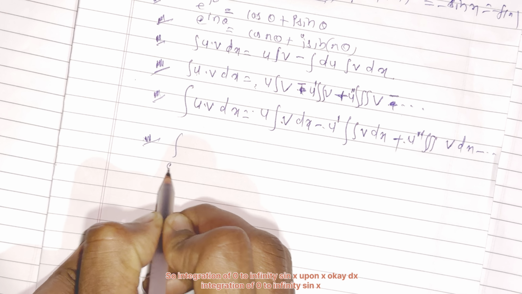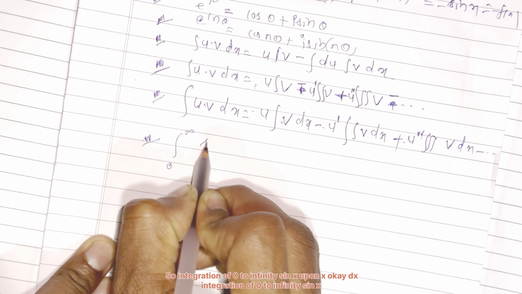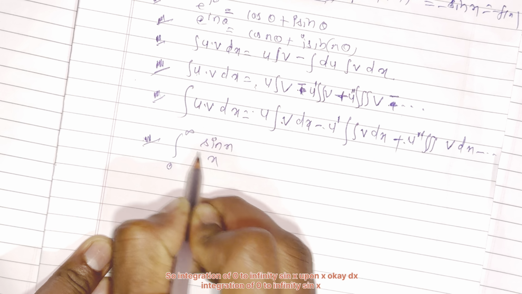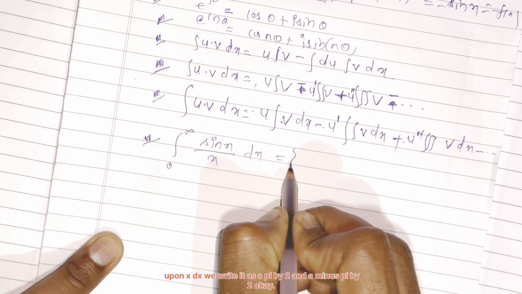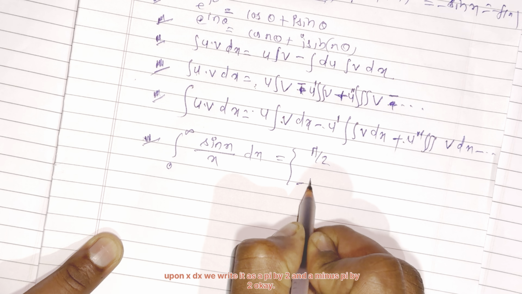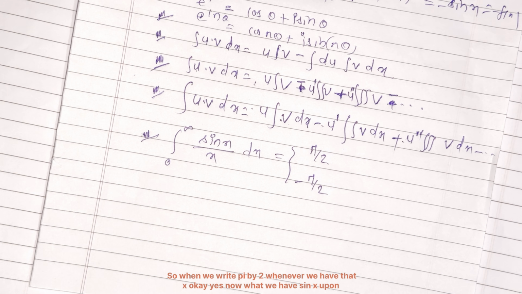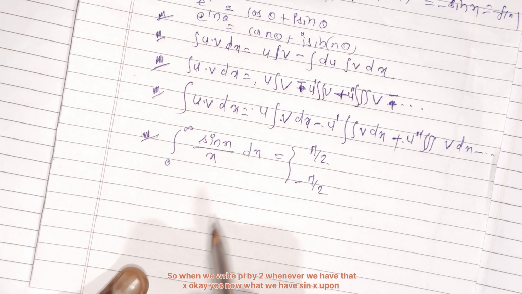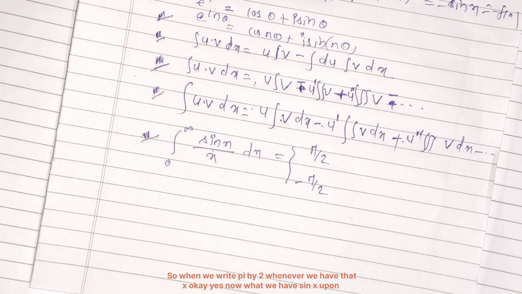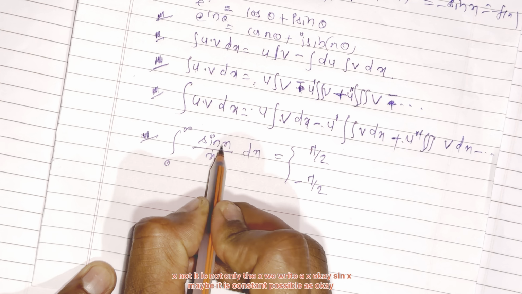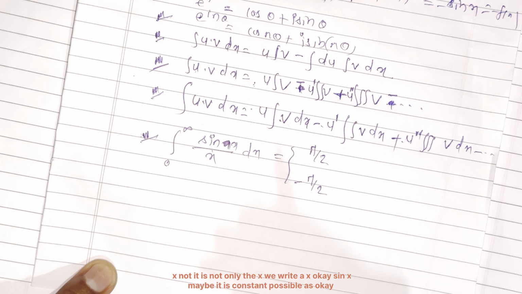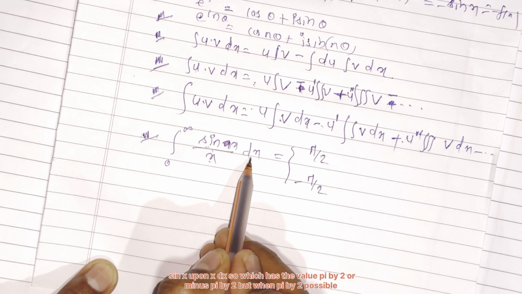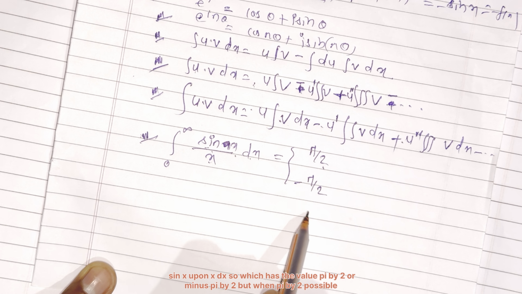So the integration from 0 to infinity of sin x upon x dx, we write as pi by 2 and minus pi by 2. Now it is not only x, we write ax: the integral of sin ax upon x dx has the value pi by 2 or minus pi by 2.